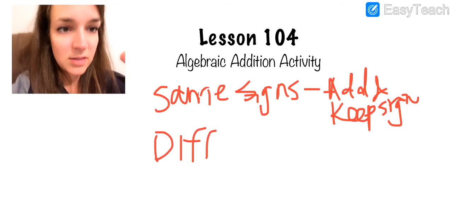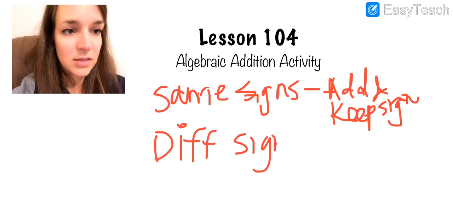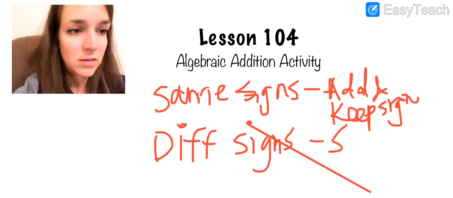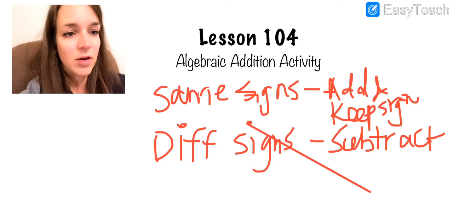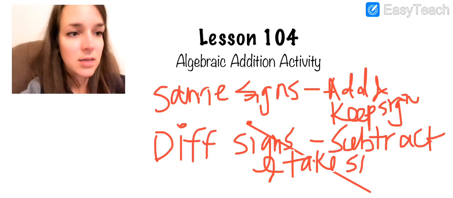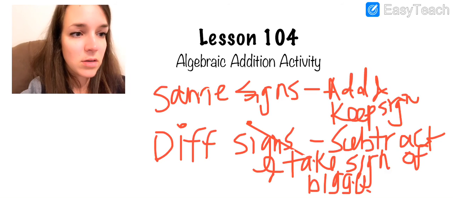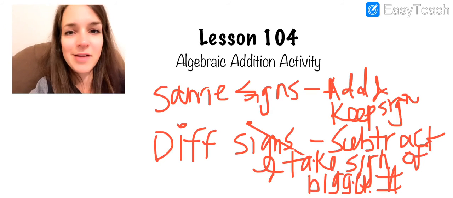Different signs, we are going to subtract. I don't know why it does that. Sorry, but you guys get my point. Subtract and take the sign of the bigger number. Okay, close enough. You can read it, right?